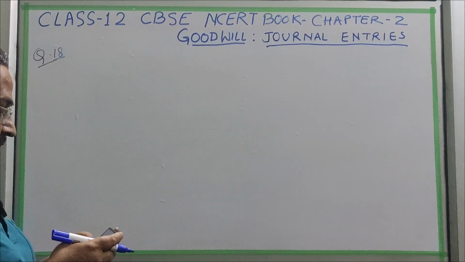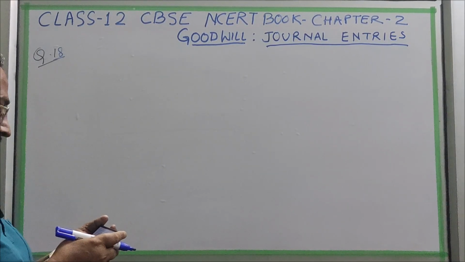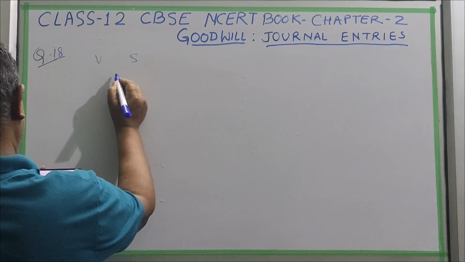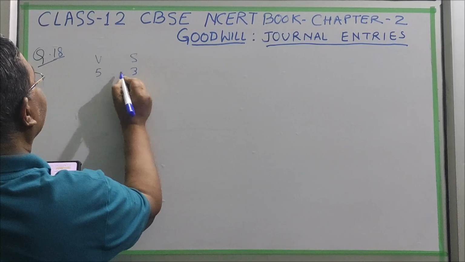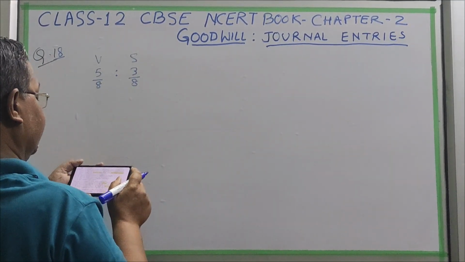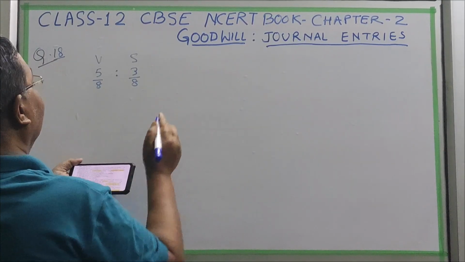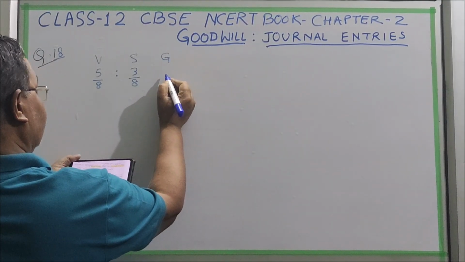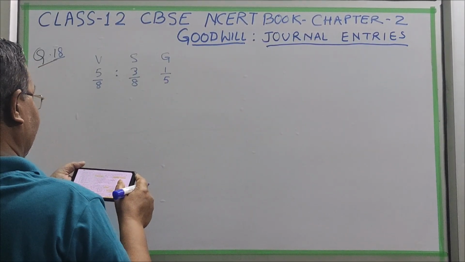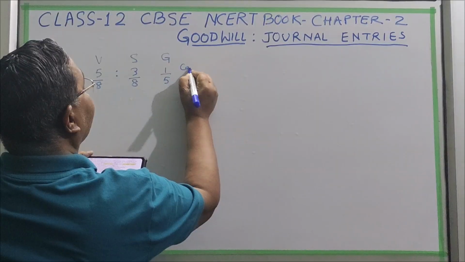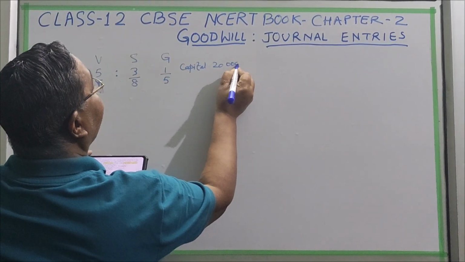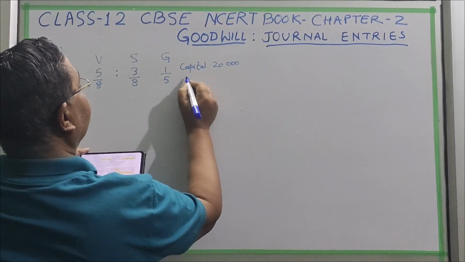Verma and Sharma are partners in a firm sharing profits and losses in the ratio 5:3, which means 5/8 and 3/8. They admitted Ghosh for 1/5 share. Ghosh brings capital of 20,000 and his share of goodwill.